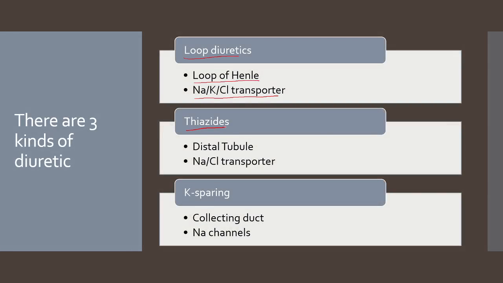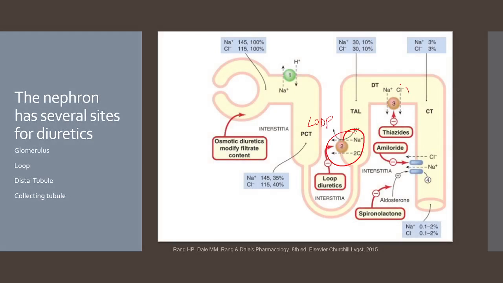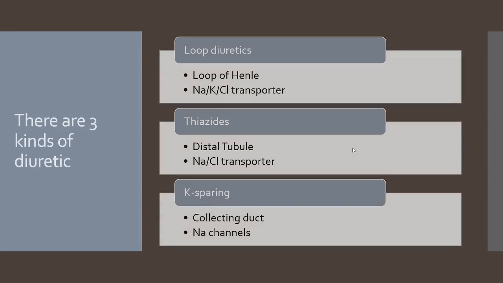The second type is the thiazides, which work in the distal tubule on a sodium chloride transporter. Notice the difference between the two. Finally, we have the potassium-sparing diuretics, which work in the collecting duct by operating on sodium channels.